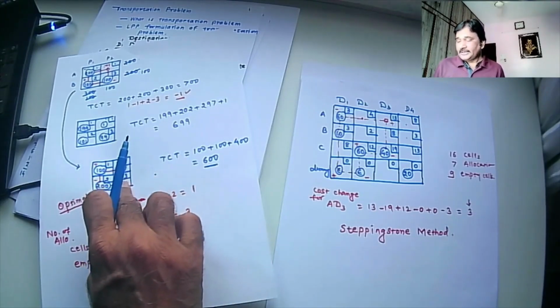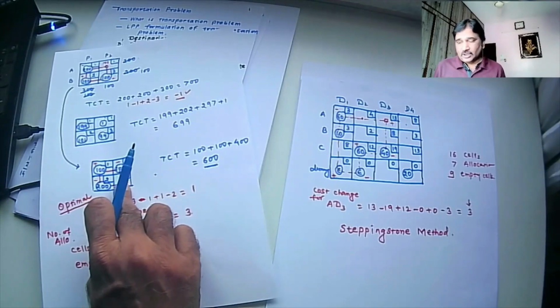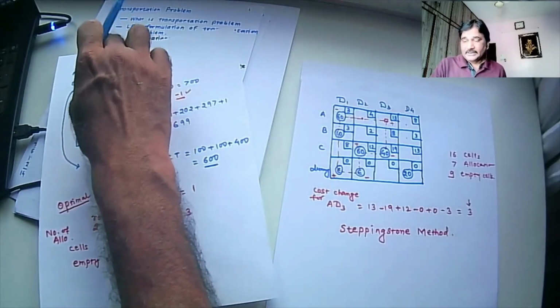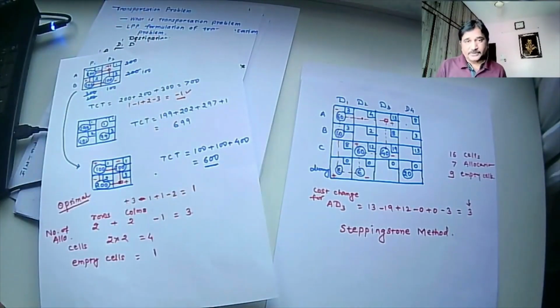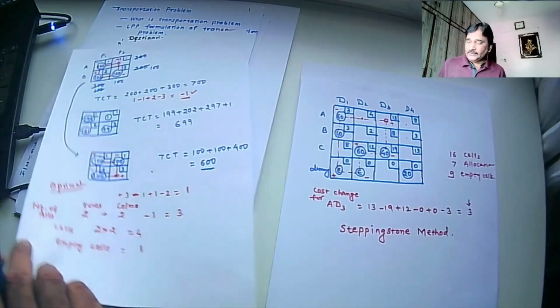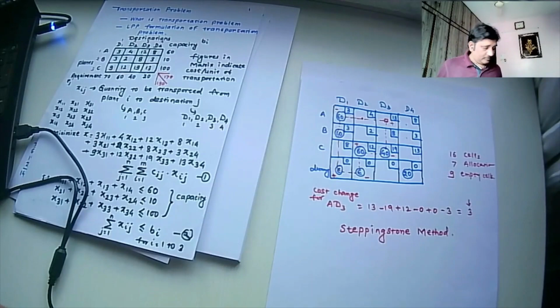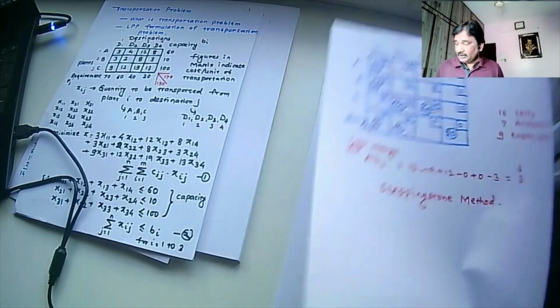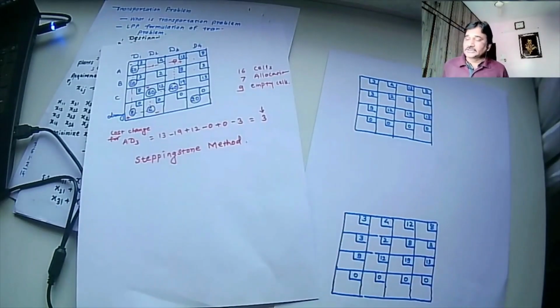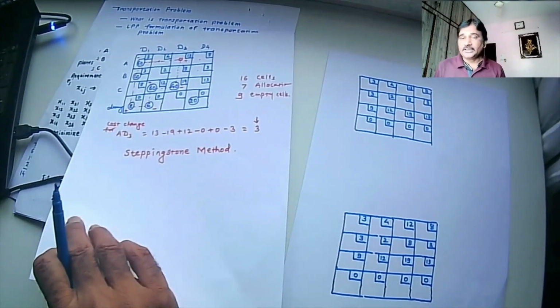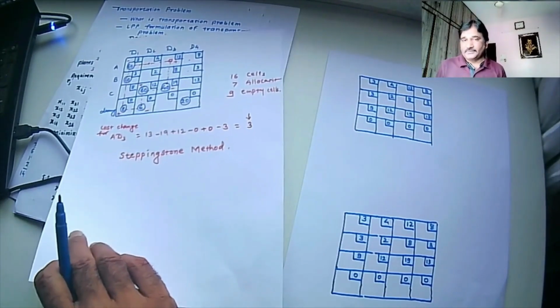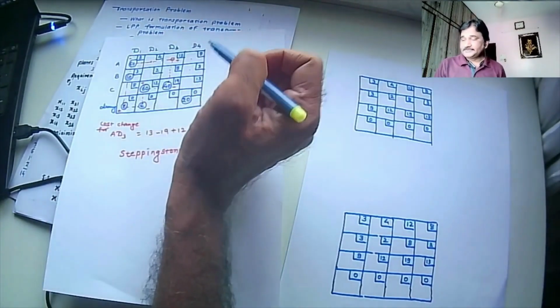So allocating here will not reduce the cost, whereas allocating there had reduced the transportation cost. That's what we have to do in our big, original problem. We had also seen the concept of the stepping stone method in the last part of the previous lecture, right?